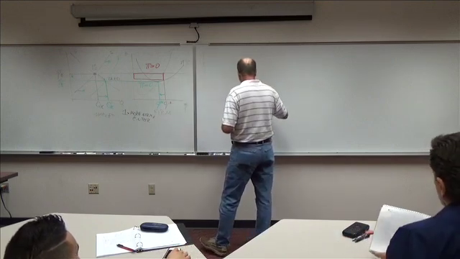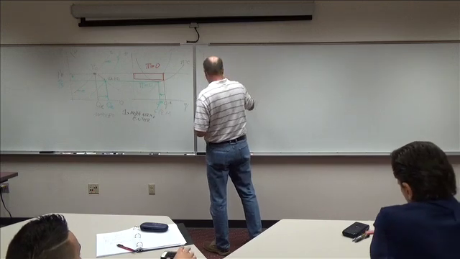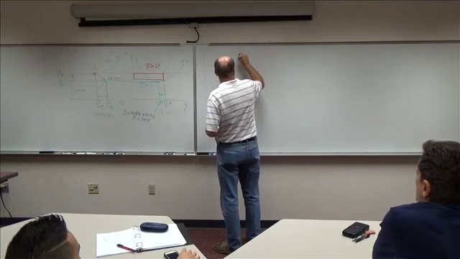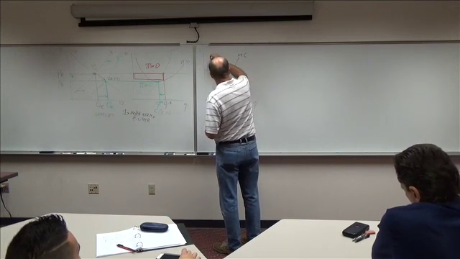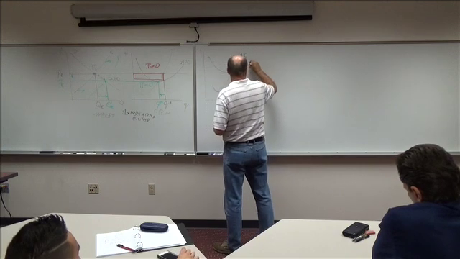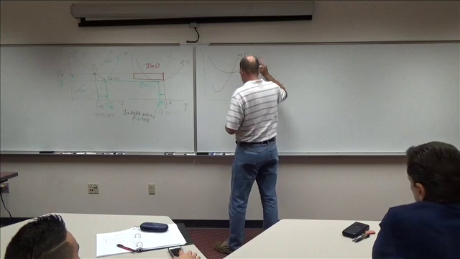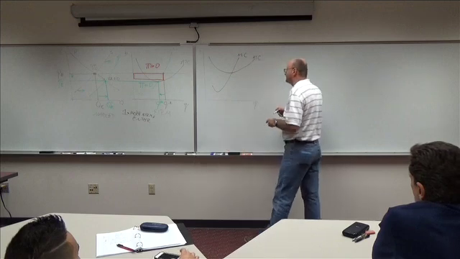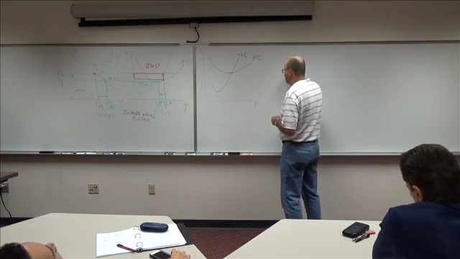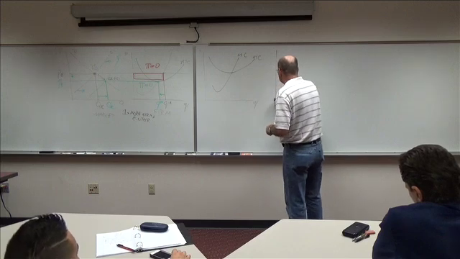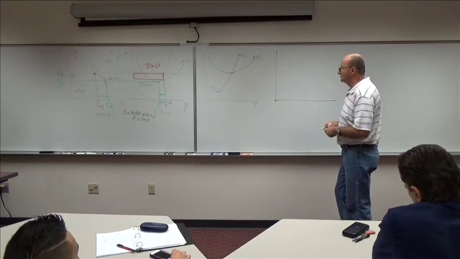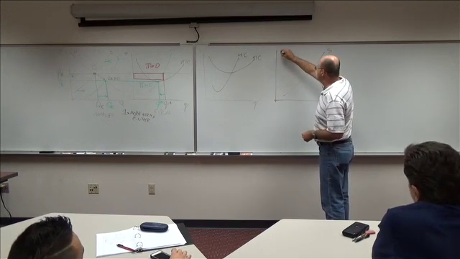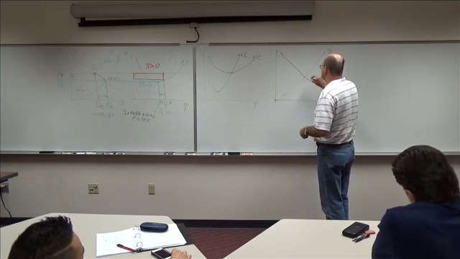Let's suppose here you have a firm with marginal cost, average total cost, and that firm produces the good in an industry with this supply and this demand.